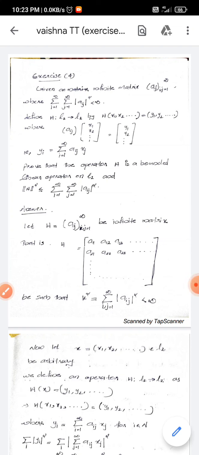And also we have to show that norm A squared is less than or equal to the double sum over i equal to 1 to infinity and j equal to 1 to infinity of the absolute value of Aij squared. So we have an infinite matrix, we define A from L2 to L2 with A of x equal to the sequence y1, y2, etc. Then we prove that A is a bounded linear operator, and that norm A squared is less than or equal to the sum over i, sum over j, absolute value Aij squared.